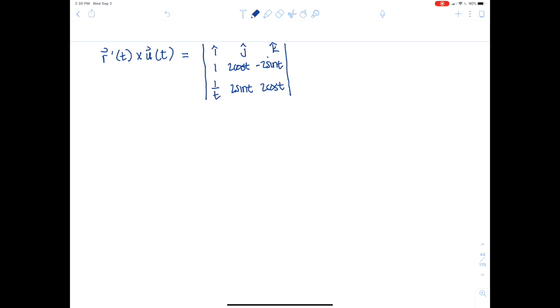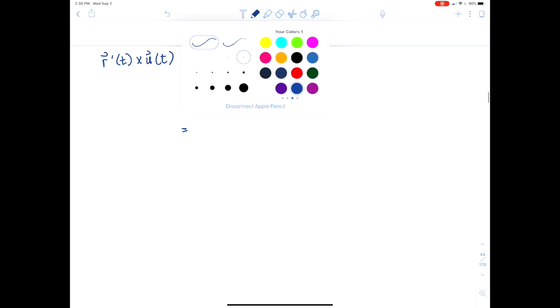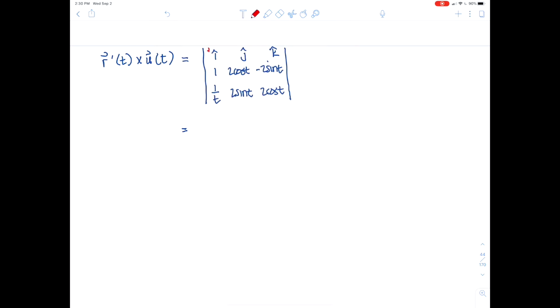All right, I'll just work vertically for this one. So again, expanding about the i, j, and the k, because we don't have any zeros in there, we'll end up having 2 cosine t, negative 2 sine t going across, and then we'll have 2 sine t, 2 cosine t.